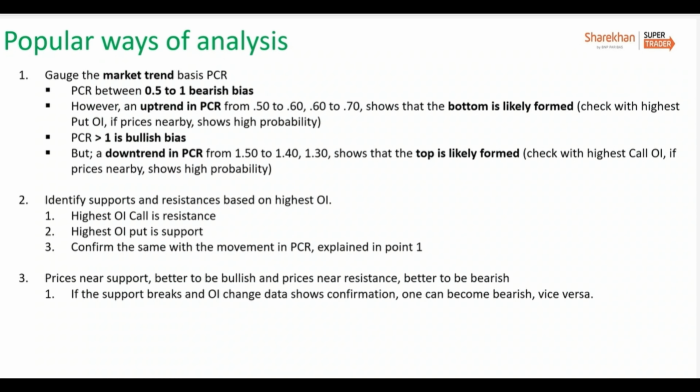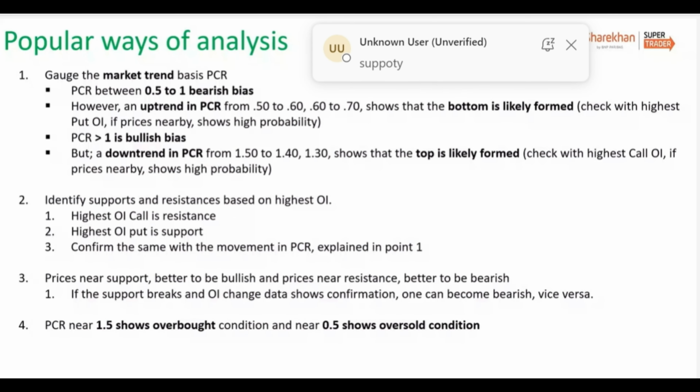तो अभी क्या करना है? Prices are near to what? Prices are near to support or prices are near to resistance? Prices are near to support. 24,600 के आसपास प्राइस. Okay. Now please remember जो मैंने थोड़ी देर पहले बताया था, 1.5 shows overbought situation as per PCR and near 0.5 shows oversold situation.